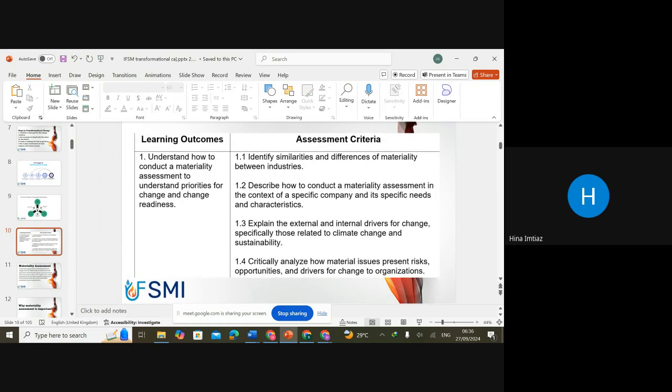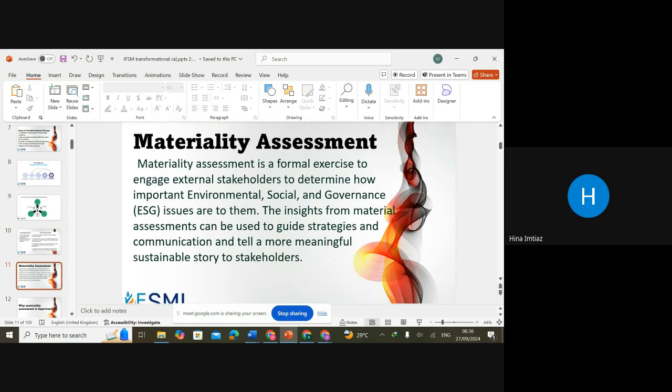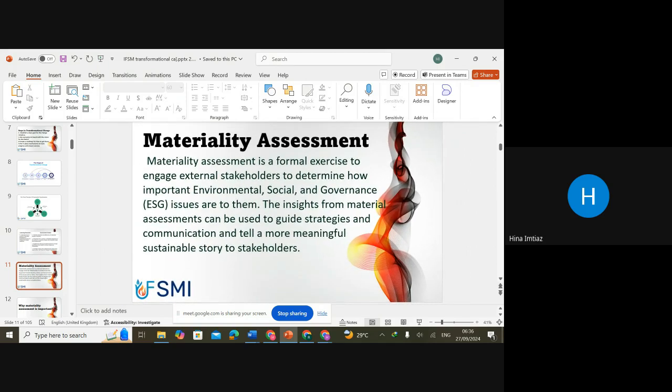And the last part of the first question is that you have to critically analyze how the material issues present risks, opportunities, and drivers for change to the organization. So, first of all, what is a materiality assessment? Basically, a materiality assessment is a formal exercise to engage the external stakeholders and to determine how important the environmental, social, and governance, these ESG issues, are to them.